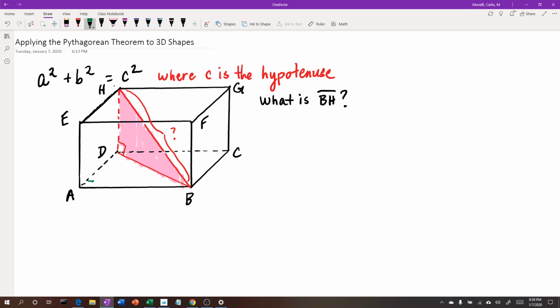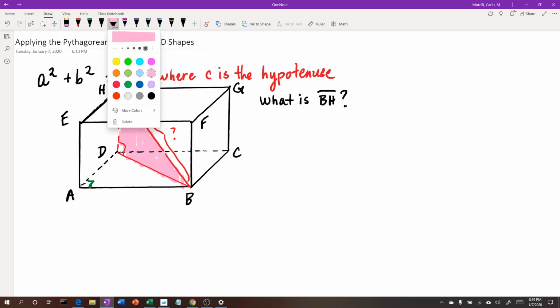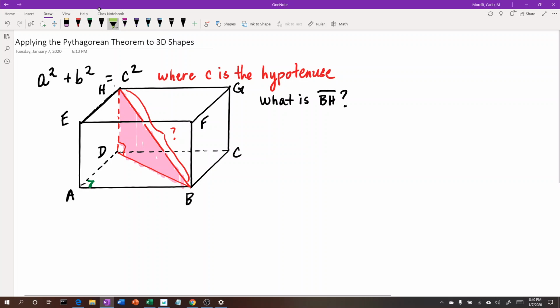This is a right angle right here. Now I'm looking down into the box. Let me get my highlighter going on that. This is the right triangle I'm talking about. You see that?